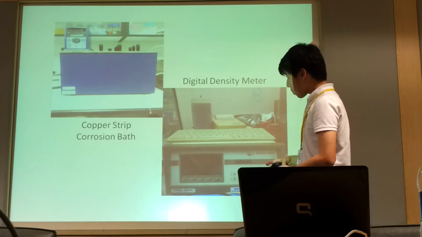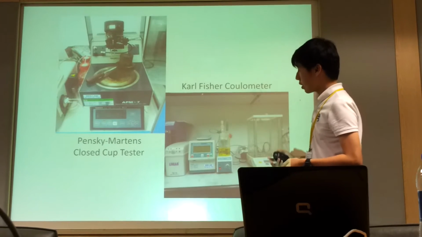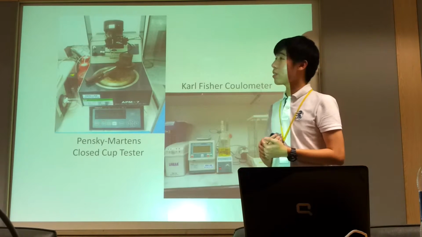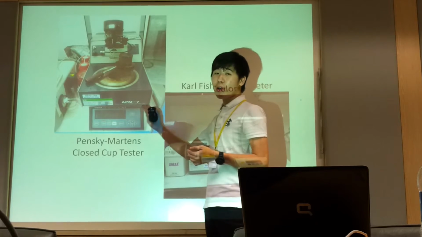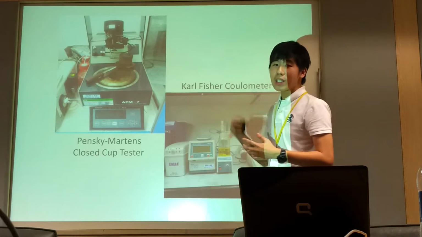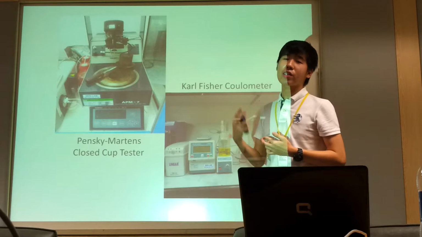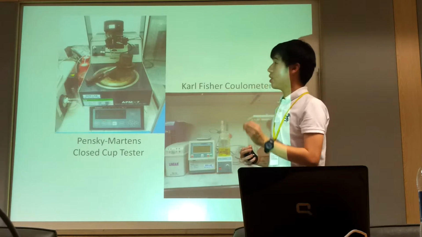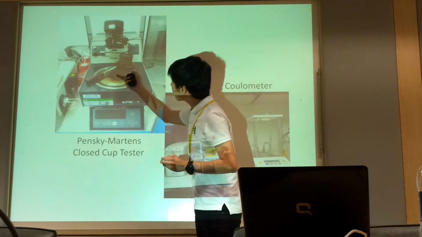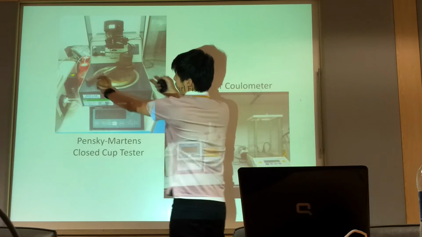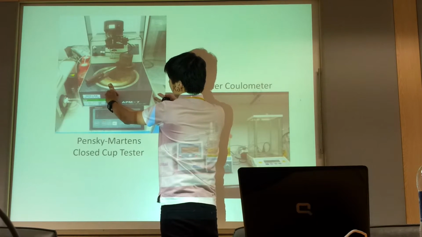Next is the Pensky-Martens closed cup tester, where you measure the flash point. Flash point is the temperature where the chemicals first start to ignite. Therefore, you put it inside here with the instrument, the equipment.